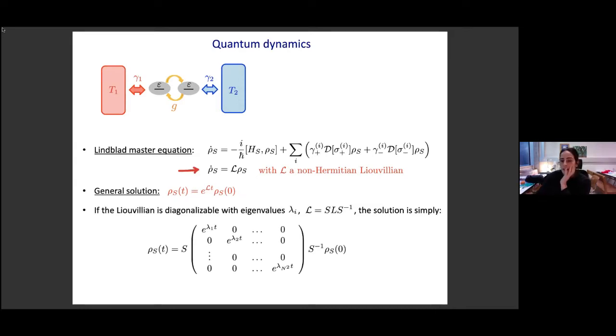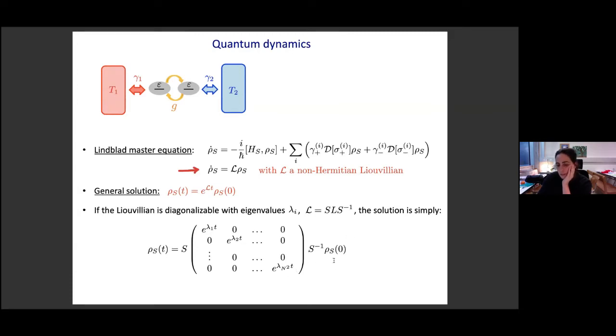It can be solved, for instance, if the super operator L is diagonalizable with some eigenvalues lambda_i, because then the solution is simply given by that one, where the density operator of the qubit at time t is given by a combination of these S matrices, which are the transformation matrices that you use to diagonalize your Liouvillian. And as you know, if my operator is diagonal, I just have the eigenvalues entering the exponential, so I can write this solution.